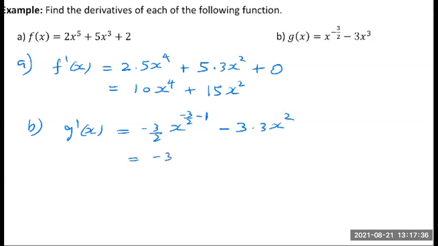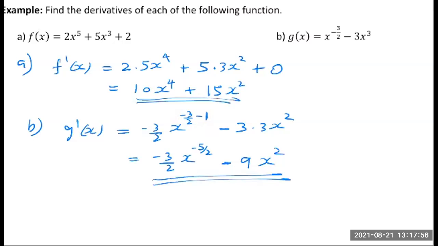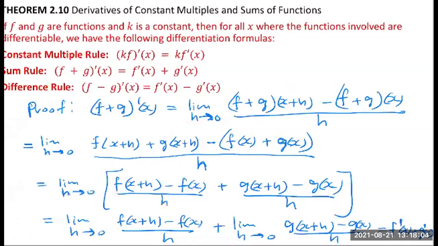This is minus 3 over 2 times x to the power minus 5 over 2, minus 9 times x squared. That is the derivative. Done. Okay, all right, let's move on. That's an application of these 3 rules: constant multiple rule, sum rule, and the difference rule.